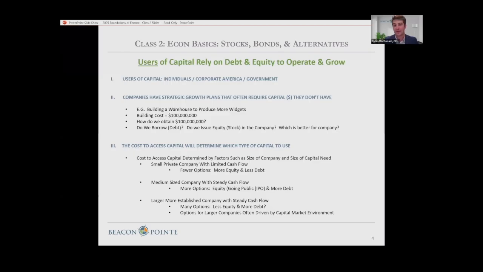Their cash flow might not be healthy or consistent enough to be able to establish an agreement with an investor to where they receive money from the investor and then create regular payments back to that investor and then pay par value back to the provider of capital at the end of the bond term, which we're going to get into a little bit more in a second.